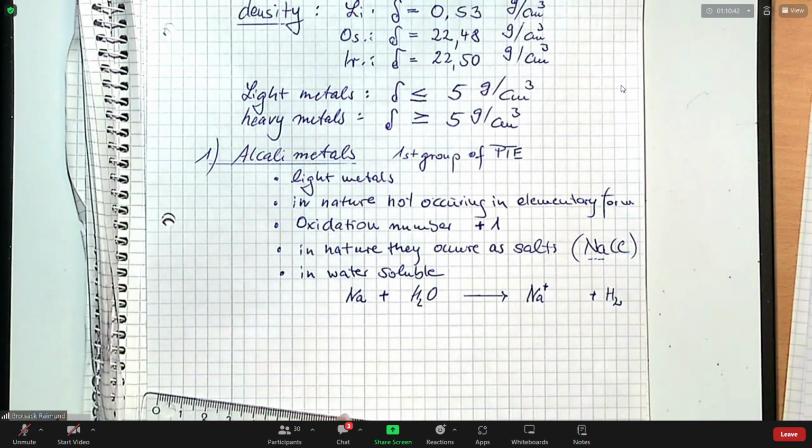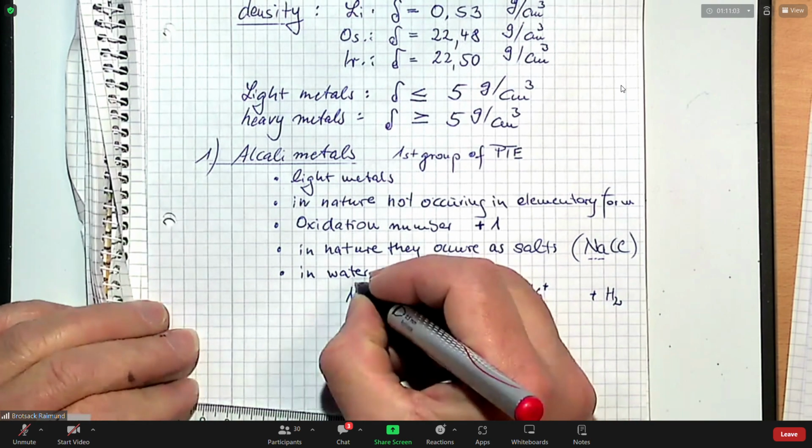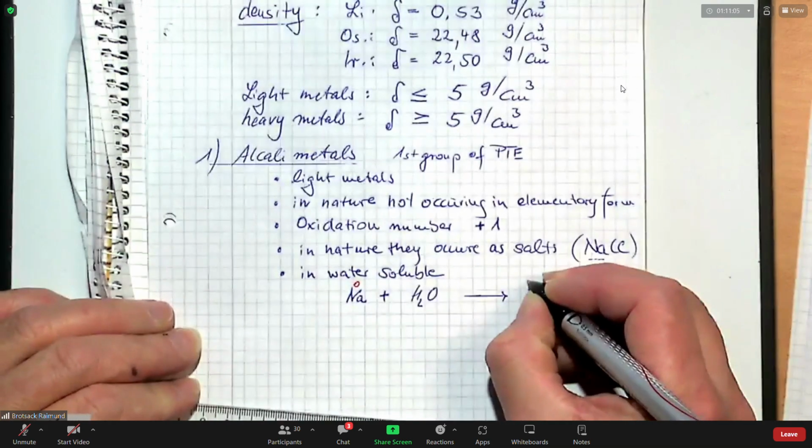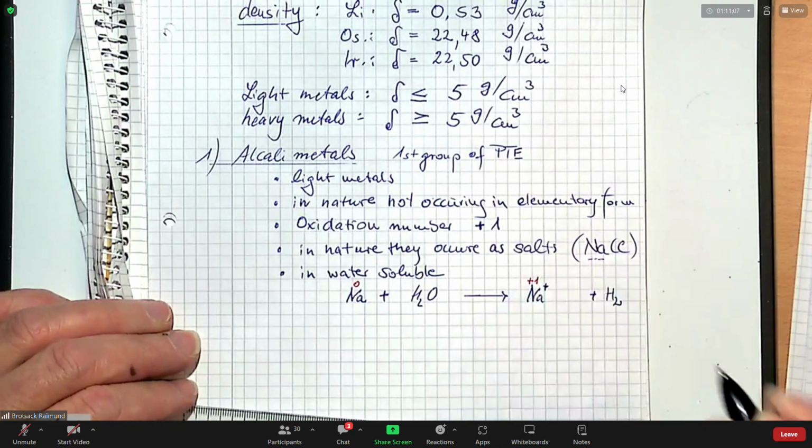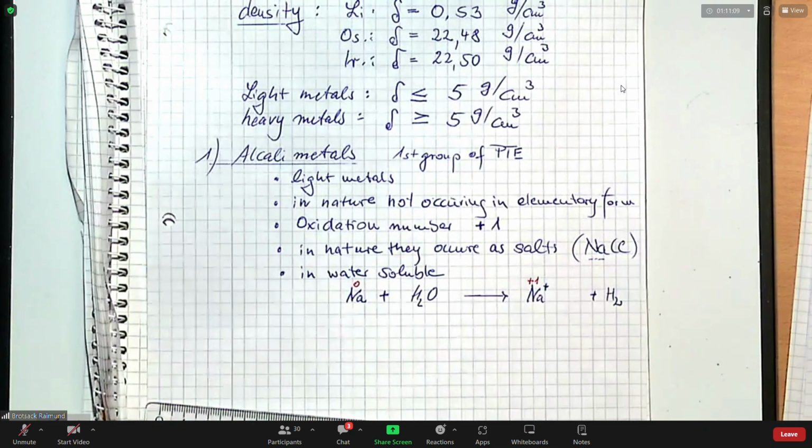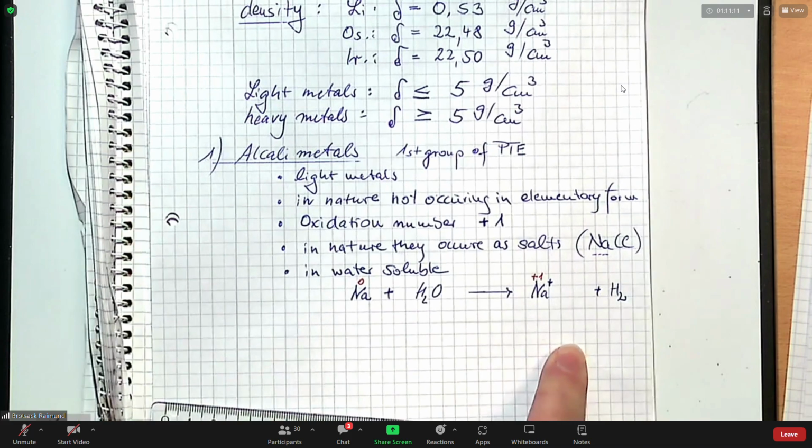So now please help me to balance this redox system. First of all, sodium oxidation number 0. Here, +1. So we change from 0 to +1. That's an oxidation, huh?